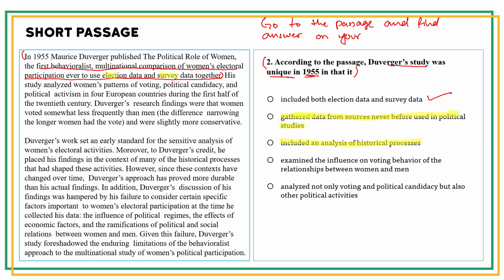There's no information in the passage to support that. Again, we have to strictly stick to what the passage is saying, and we basically have to become a proof finder. Find the proof for your answer in the passage from the exact lines. If you cannot do that, chances are you are picking the incorrect option.